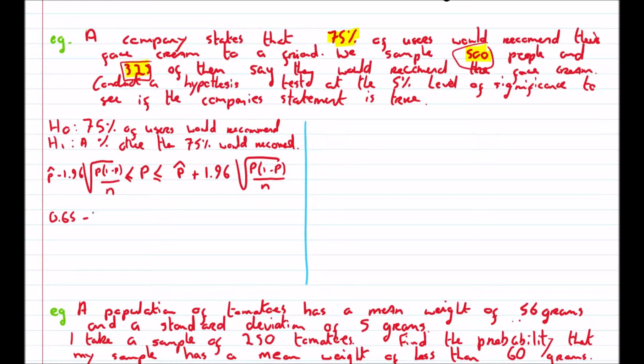Minus 1.96 root p hat, so that is again 0.65 multiplied by 1 minus 0.65, all over n, which is the sample, which is 500. So our real population will lie between that and my p hat, which is 0.65. Give myself a bit extra room.